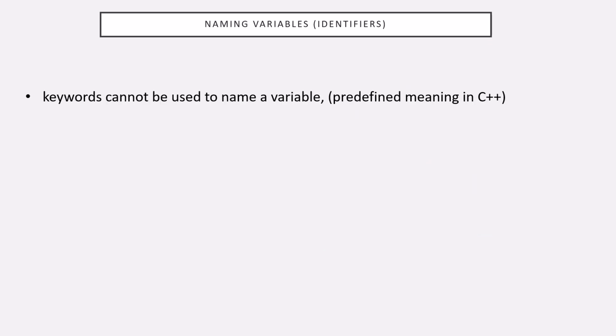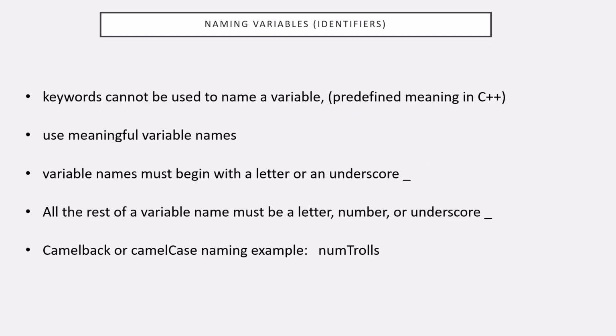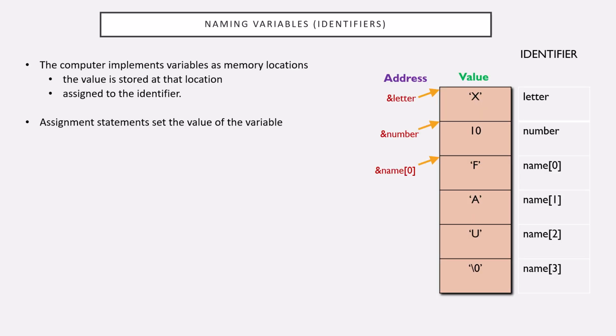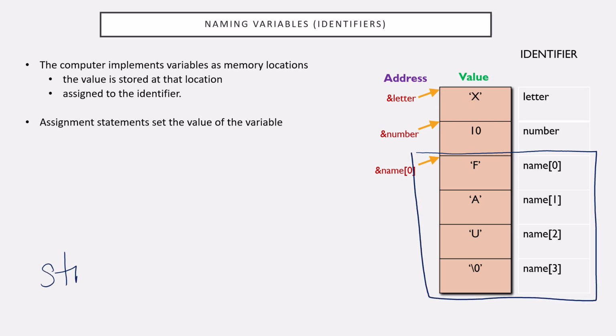So here it is. So here's a string. This is a character array. So this would be string name equals "FAU", and it would be stored in memory as a character array, which we will get to arrays in more detail later.